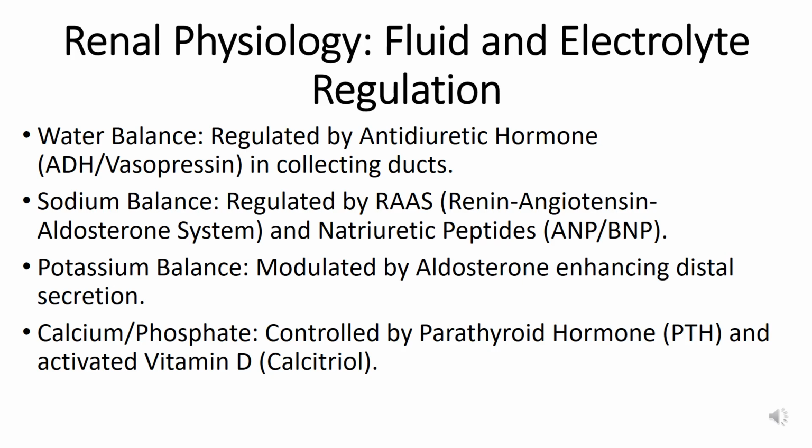It makes these ducts more permeable to water. As a result, more water is reabsorbed back into the bloodstream. Less water is lost in the urine. The urine becomes more concentrated. When the body has excess water, antidiuretic hormone secretion decreases. More water is then excreted in the urine.